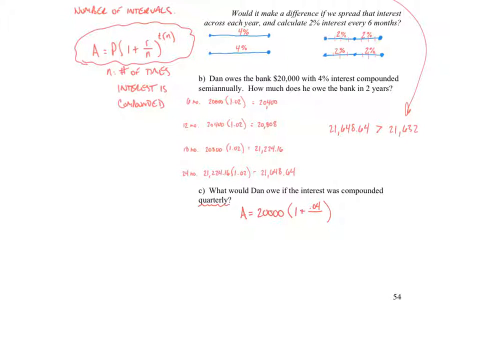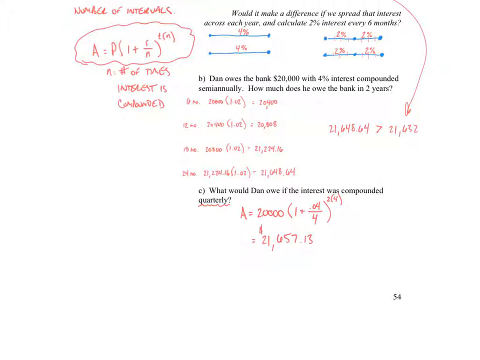So n is 4, which means I have to multiply my time by 4. And I'm going to throw that into a calculator. And I have $21,657.13, which you'll notice is even larger than what we had when we compounded it twice per year.